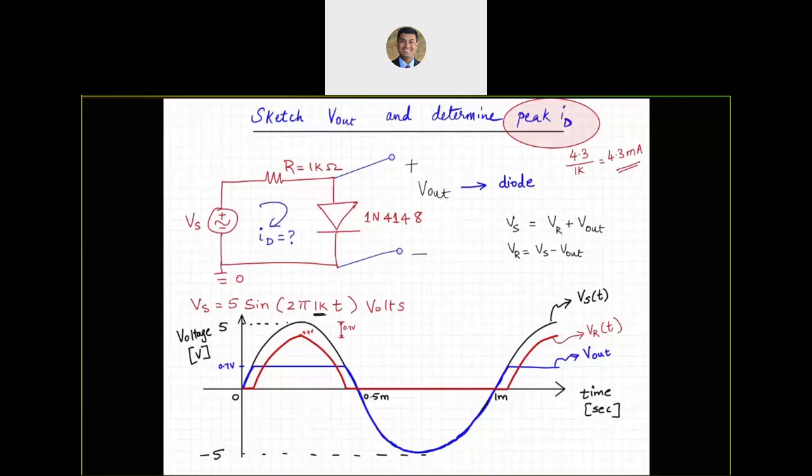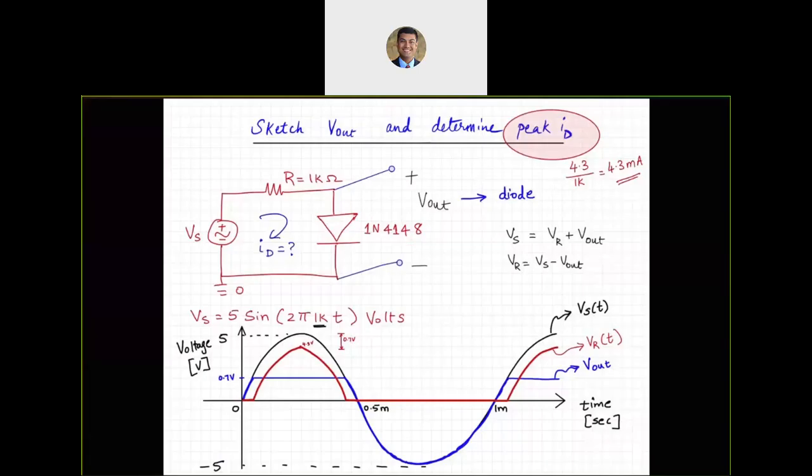Okay, let's keep moving here. Let's see what happens if we have a few more diodes in our circuit. So I'm going to draw an arbitrary circuit over here. Let's say I have a voltage source and I have a resistor here and I have two paths.